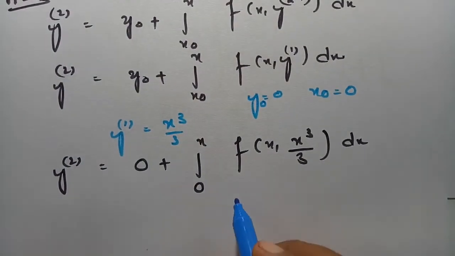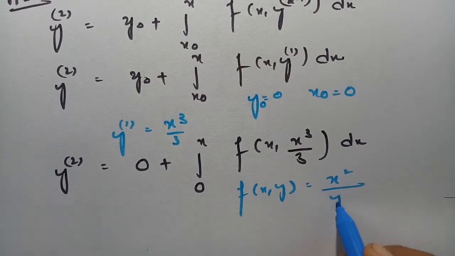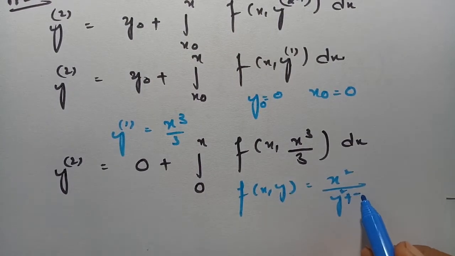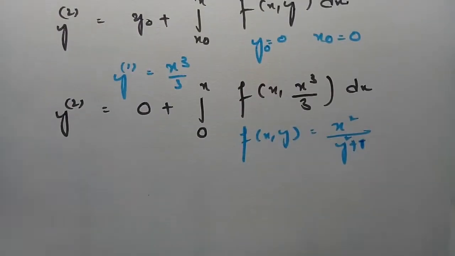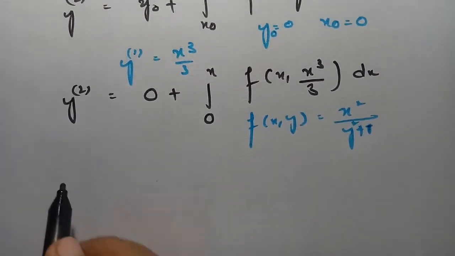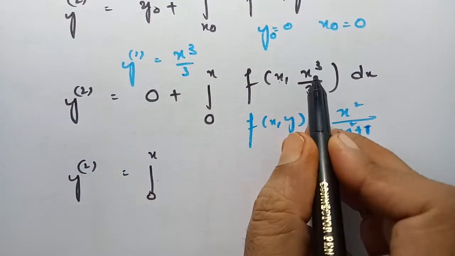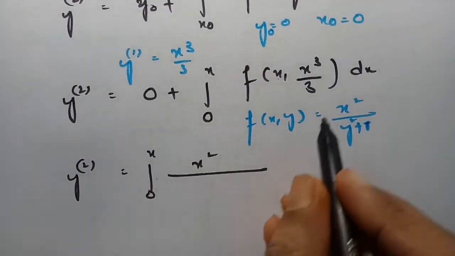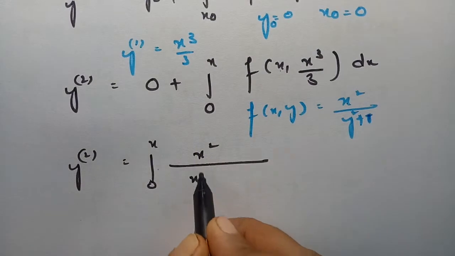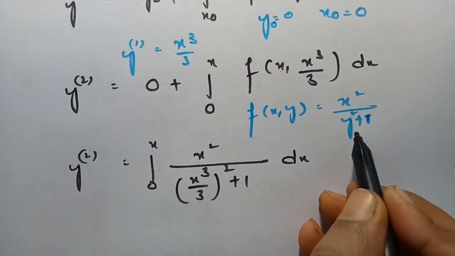From the question, f of x comma y is nothing but x square by y square plus 1. So in place of x I have x, it is x square. In place of y we have x cube by 3, this whole square plus 1 of dx.